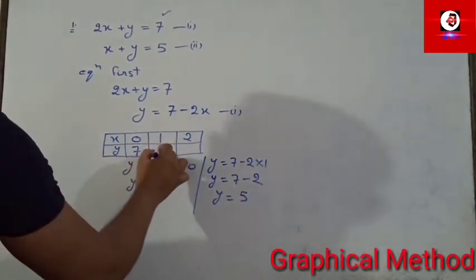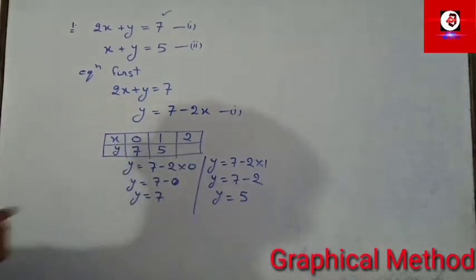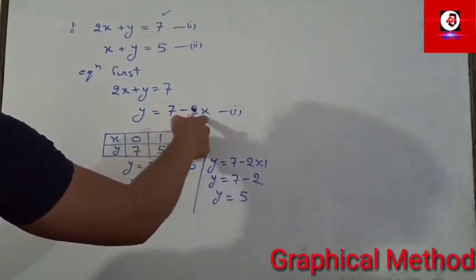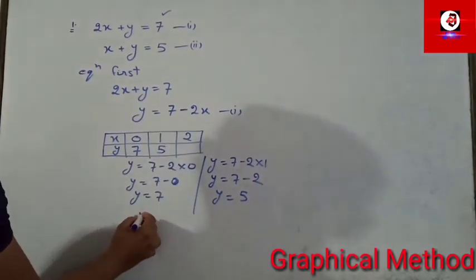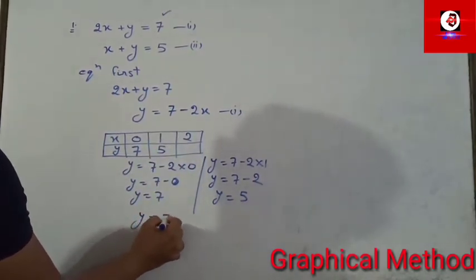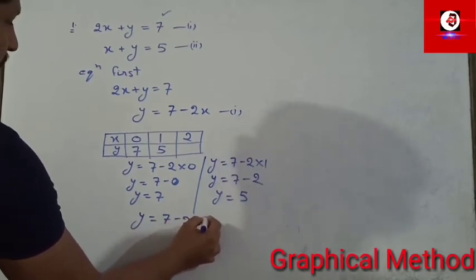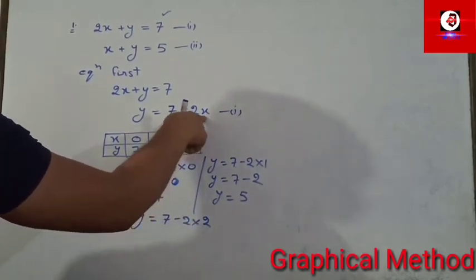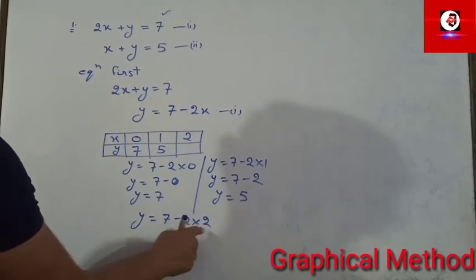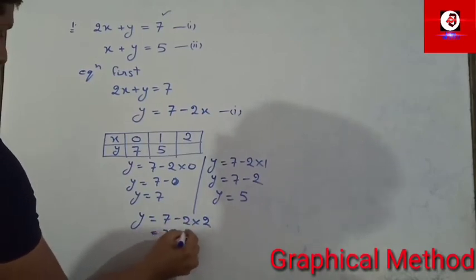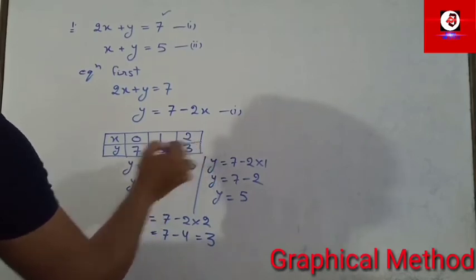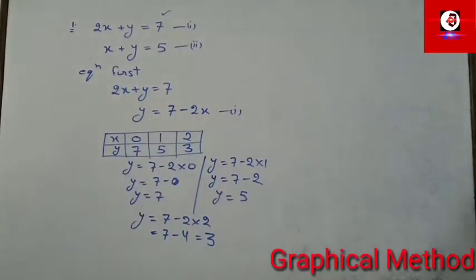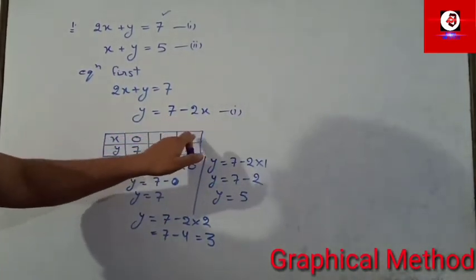Next at x equal to 2: 2 into 2 is 4, then 7 minus 4 equals 3. So y is 3 when x is 2.